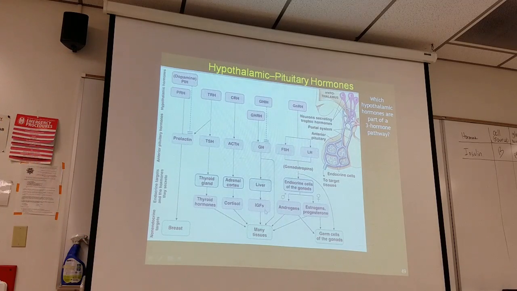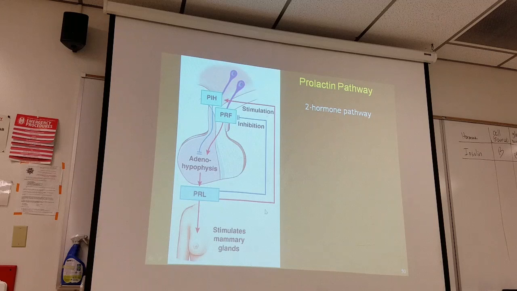So what are the 2 examples of 2-hormone pathways? Growth hormone and prolactin. And which one has both, is part of both a 3 and a 2-hormone pathway? Growth hormone. So here they're focusing just on the 2-hormone pathway of prolactin.